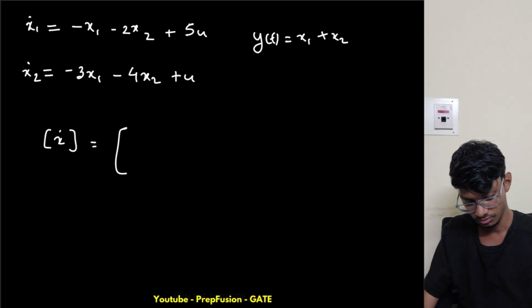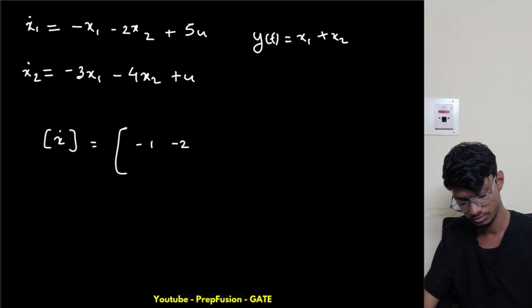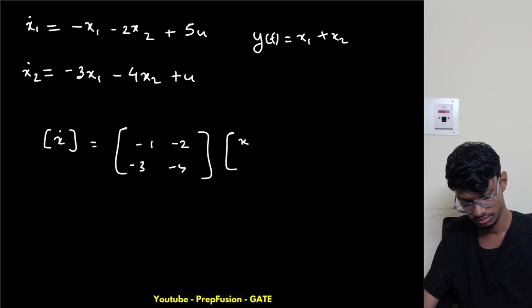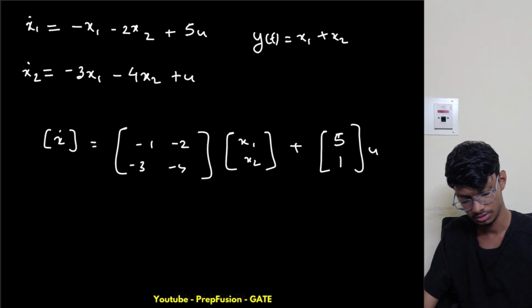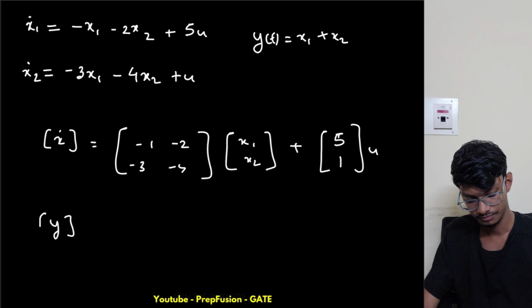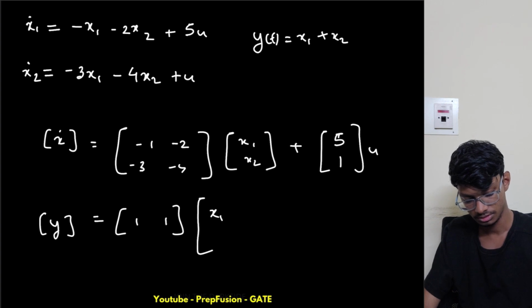So this will be simply minus 1, minus 2, minus 3, minus 4, times x1 x2, plus this input: this one is 5, this one is 1, and this is u. And what is my output? Output is simply 1 comma 1, times x1 x2.